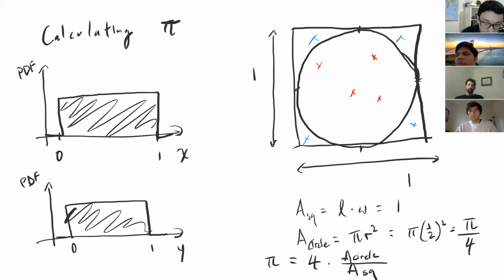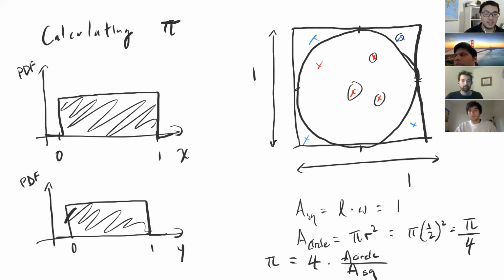And I know that I can then use this Monte Carlo to simulate the values of these x's. And if I do this enough times, then the closer and closer I'll get to replicating the actual values of the areas.